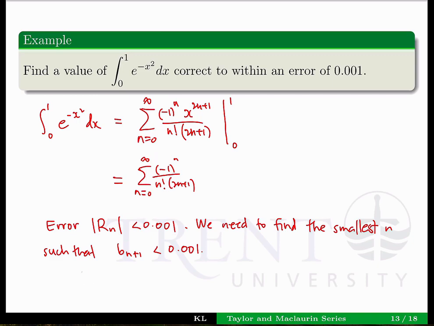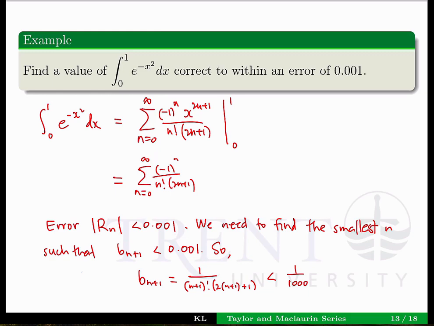So we need what? Our b sub n plus 1. This is equal to 1 over n plus 1 factorial times 2 times n plus 1 plus 1. We want this to be less than 0.001, which is 1 over 1,000. Okay?